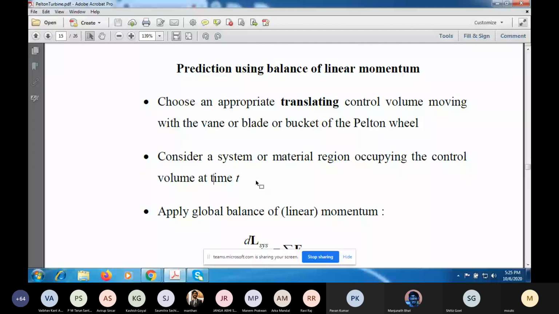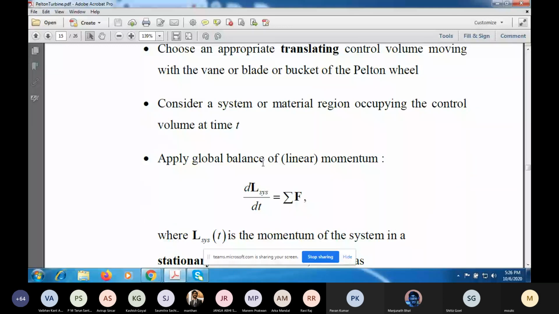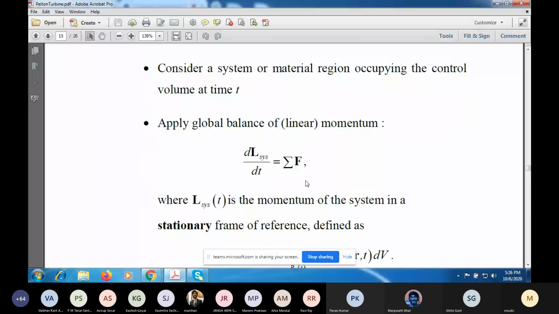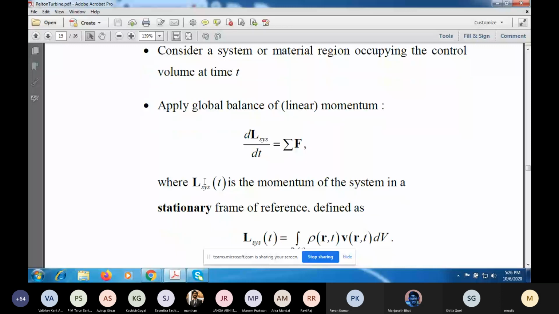And at time t, you can apply global balance of linear momentum. So if I say L vector is the linear momentum with the subscript SYS for system, then it's just Newton's law. The rate of change of the momentum, as seen in this stationary frame of reference, is the net force acting on the system.